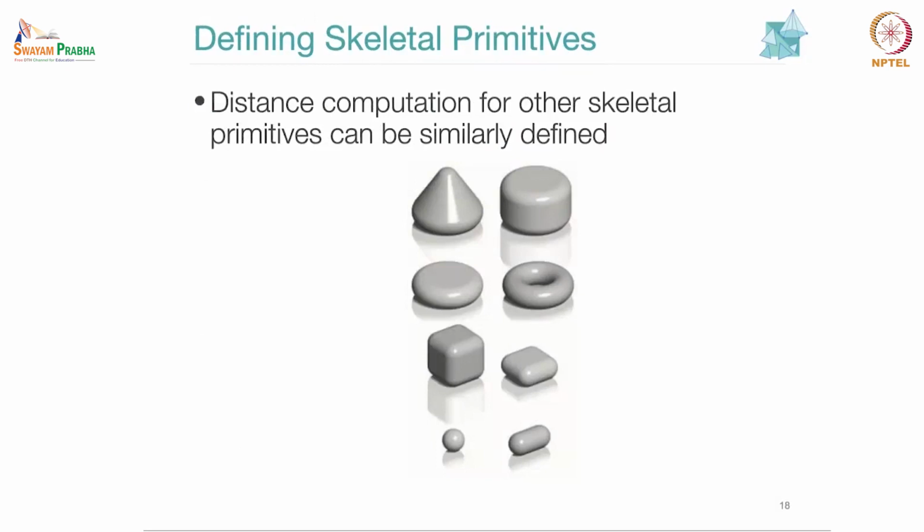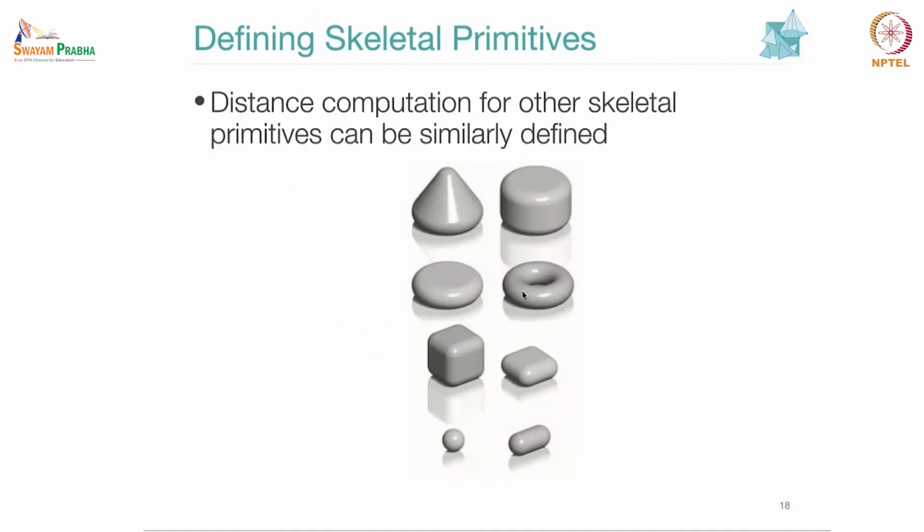So you could see that the first one was a cone, then a cylinder on the right, and I can move my mouse cursor to show you. Then this one is a disk, then a ring or a circle. You can see that the distance field of a disk is different from the distance field of a circle, because remember, the circle has no interior.